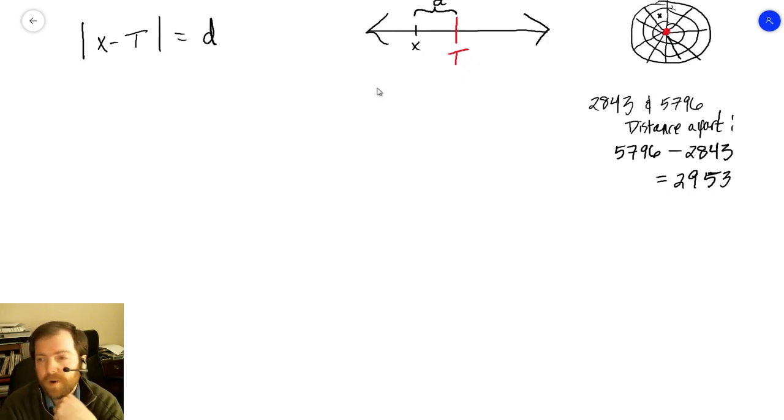Most of my students would probably tell you that you always take the biggest one and you subtract the smaller one from it, just because. And yeah, sure, that's what we learned in elementary school. That's what you're supposed to do in order to figure out the distance between these two numbers, or find their difference.